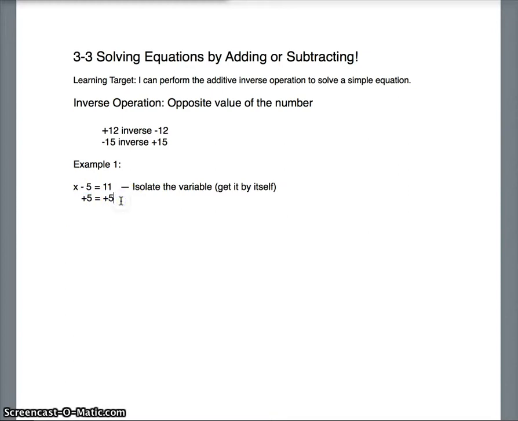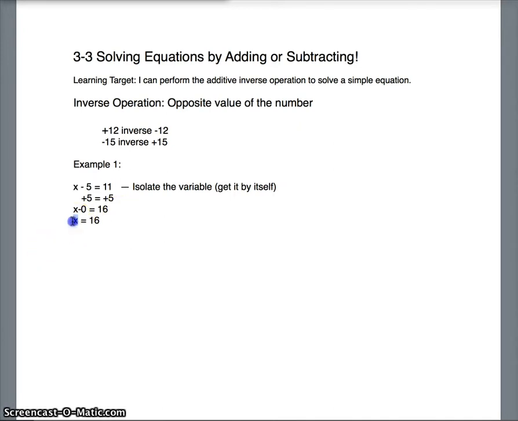So now we have technically x minus 0 equals, what is 11 plus 5 on this side? 11 plus 5 is 16. Well, if we have some number minus 0, do we really need that minus 0 in there? We don't. So then our next step is x equals 16.